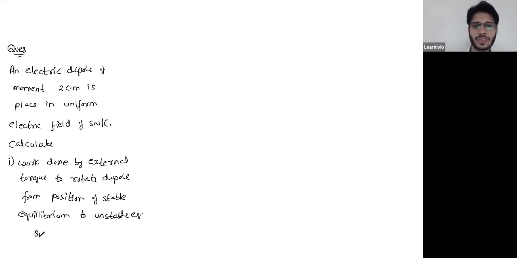So from position of stable equilibrium means your initial angle is 0 degree. To unstable equilibrium means your final angle is 180 degree.